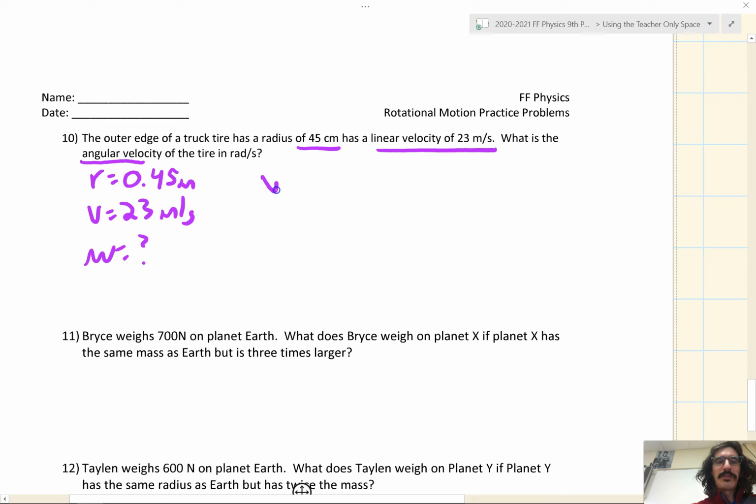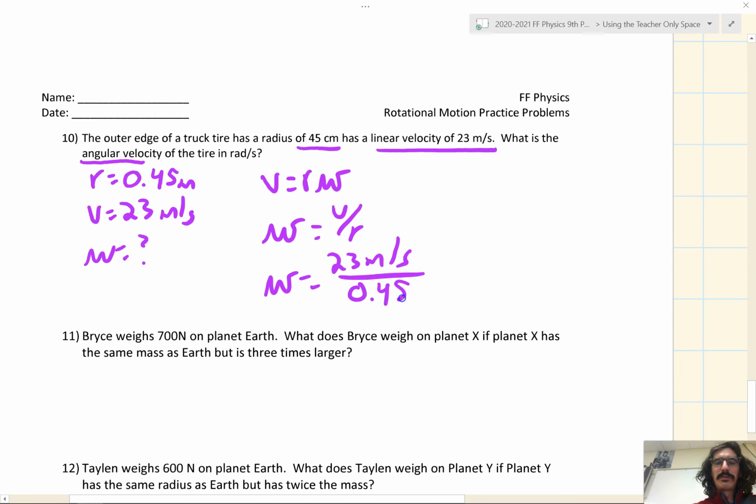Same thing, conversion factor, V equals R omega, which means omega equals V over R. Omega equals 23 meters per second over 0.45 meters. Plug and chug, and we get 51 radians per second.